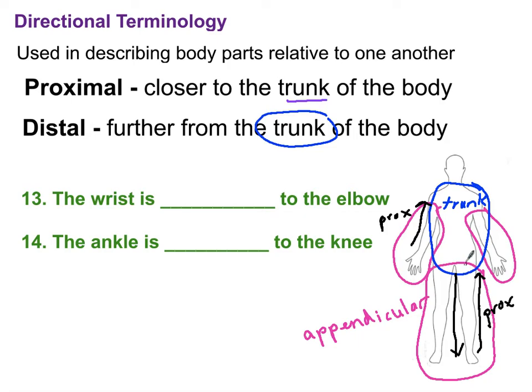So if we're looking at something on the hip in relation to the ankle, that would be distal. Same thing with the arm. If you're looking at the wrist in relation to the shoulder, that would be distal. So all that being said, see if you can fill in these blanks.